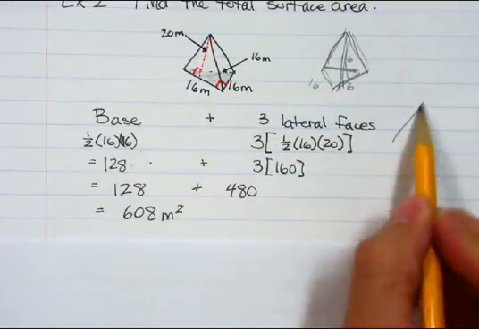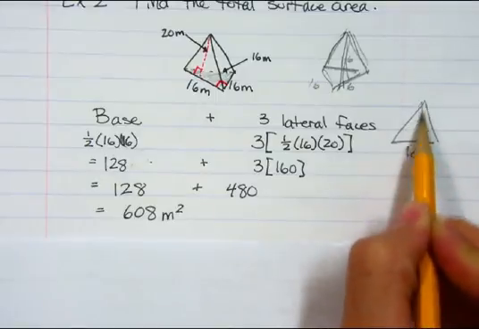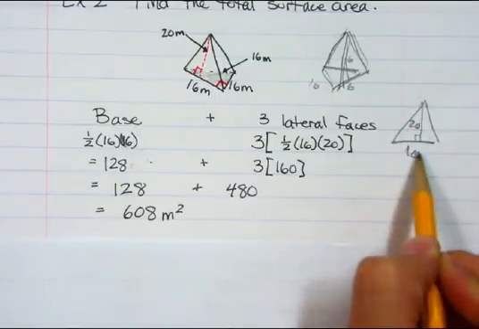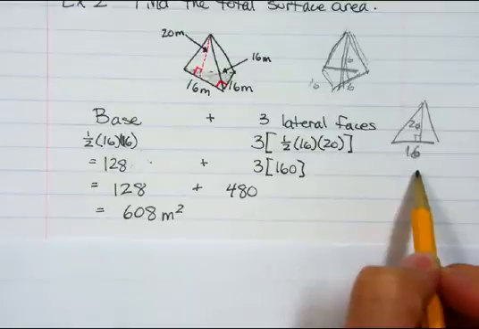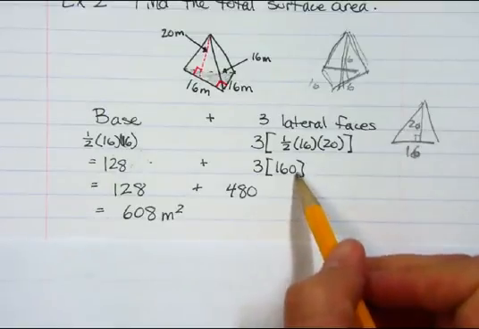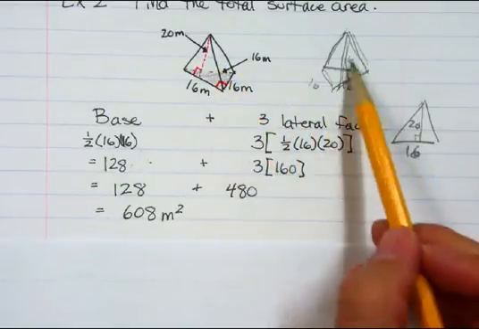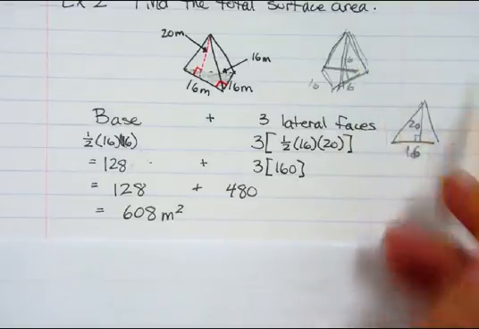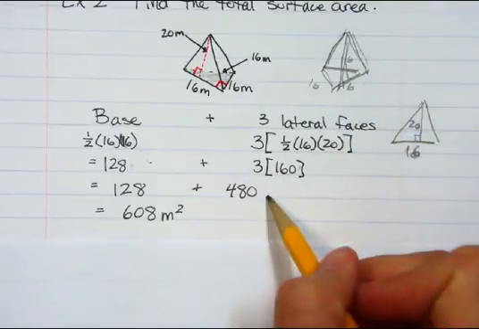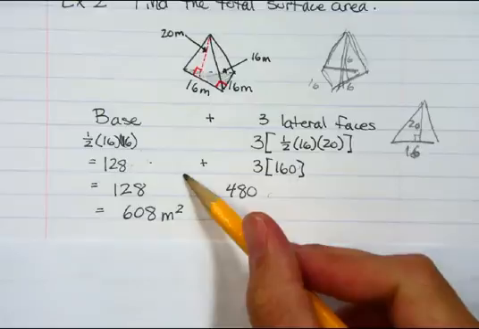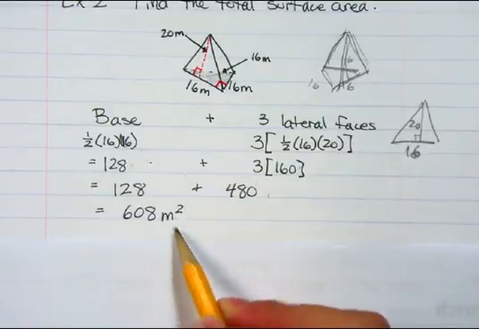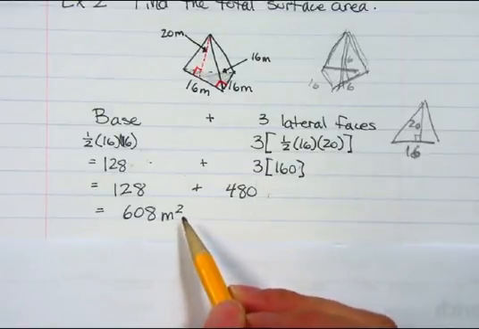One of these triangles is 16, and it goes up 20. Well, 16 times 20 cut in half gives you 160, but I have 3 of those sides. 1, 2, 3. So I multiply by 3. I get 480, and I add it to the base I originally found. I come up with 608 meters squared as the total surface area.